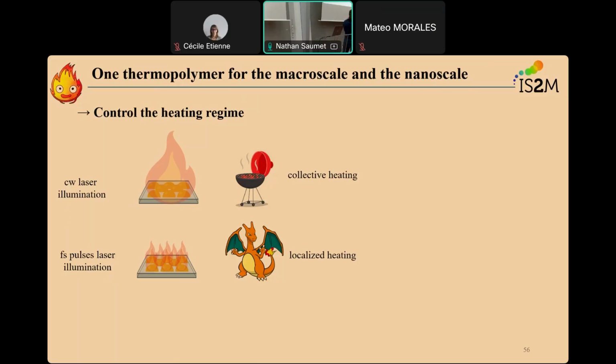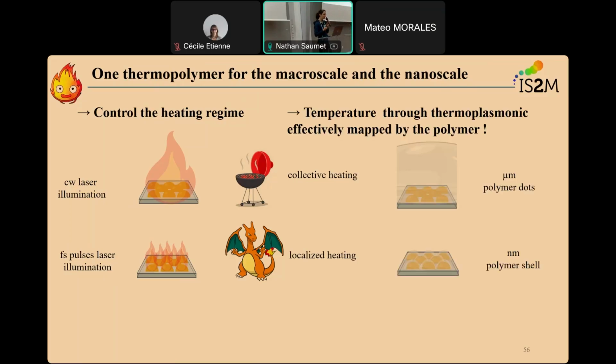So we are in the single-particle regime, also called localized heating. And using the same temperature probe, we effectively observed this. Here we observed micrometric polymer dots, and here we observed a nanometric polymer shell. So I clearly designed a temperature probe at 130 degrees that can be used in thermoplasmonics at the macro scale and at the nanoscale.